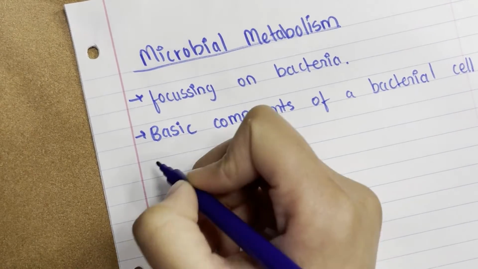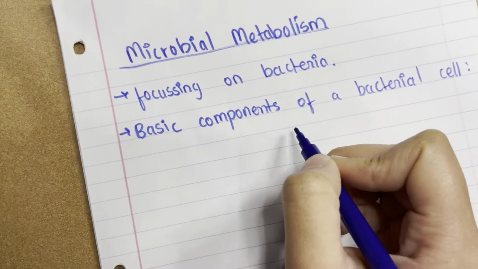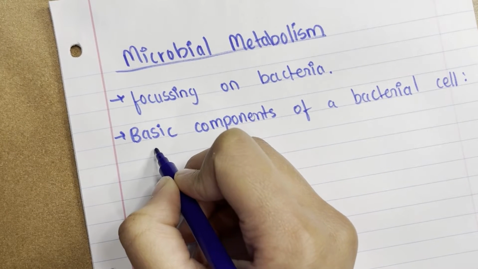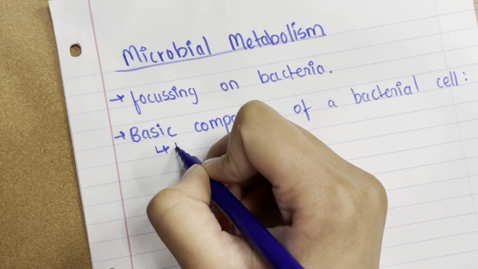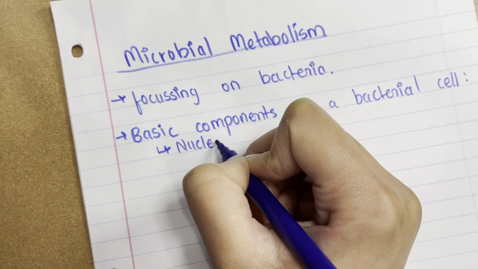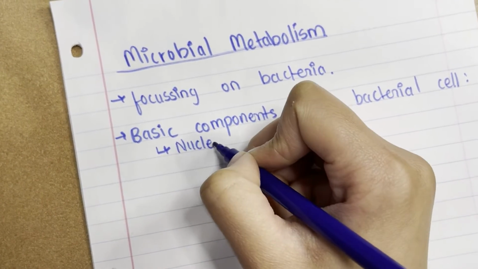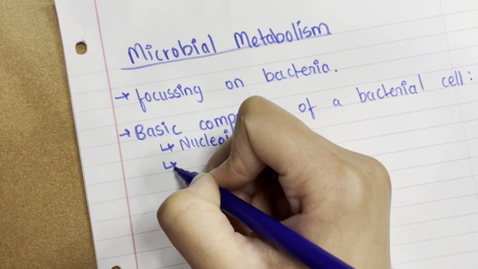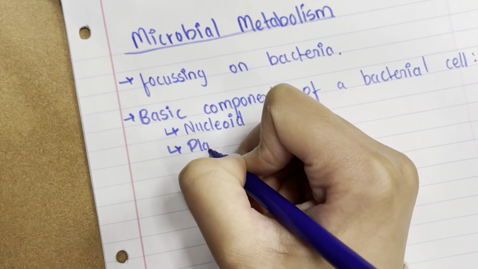One, because bacteria are prokaryotes, they have a nucleoid instead of a nucleus. Secondly, they have plasmids.